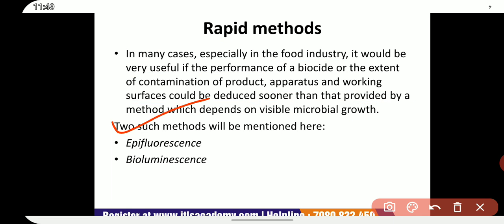Two such methods will be mentioned here. That is, the first one is epifluorescence and the second one is bioluminescence.